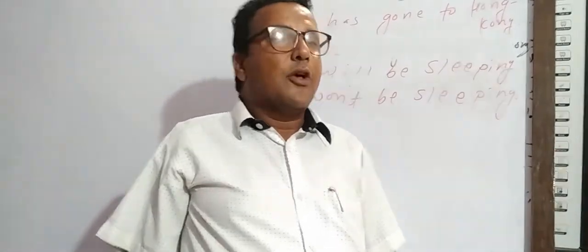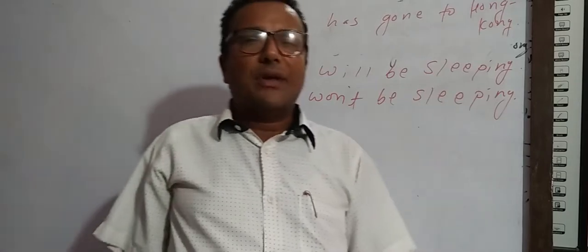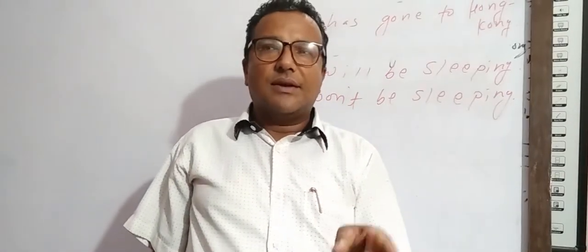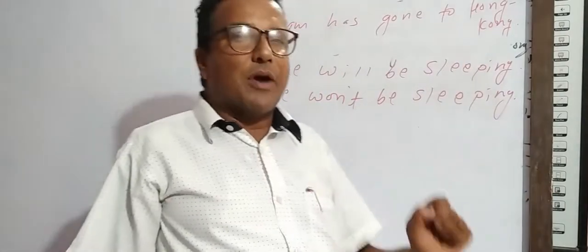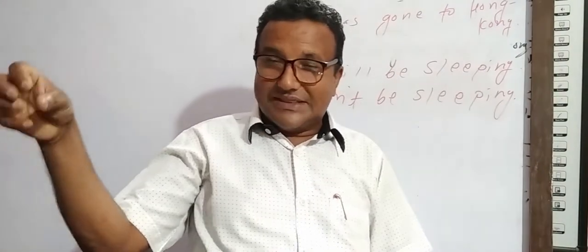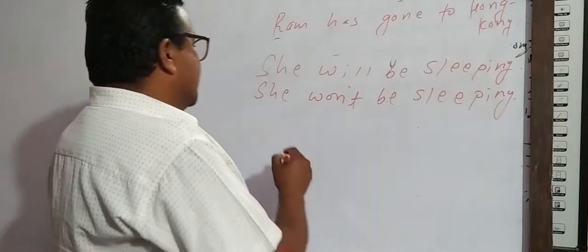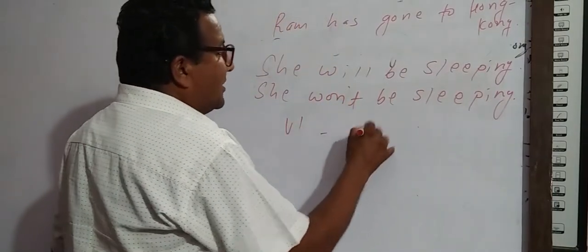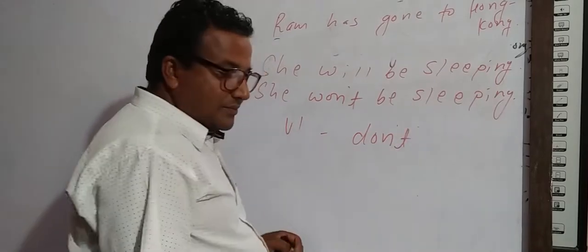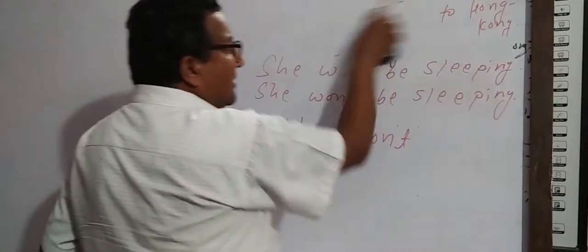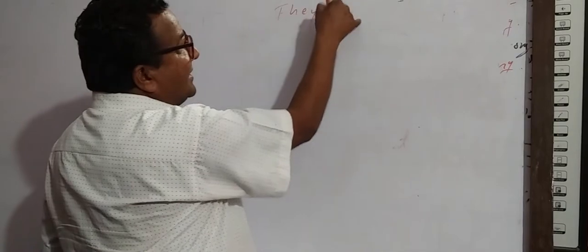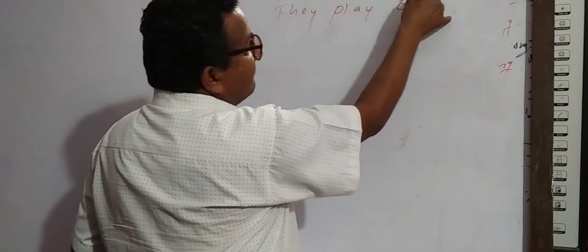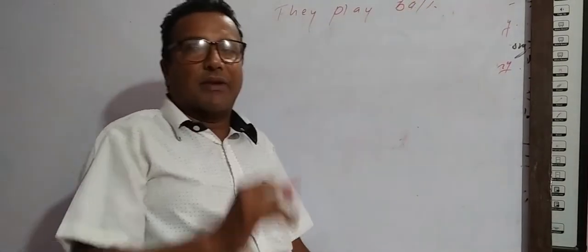But if we don't have an auxiliary verb in the sentence, meaning in V1, V5 and V2 there is no auxiliary verb, in that condition we have to use don't with V1. Suppose the example: they play ball.